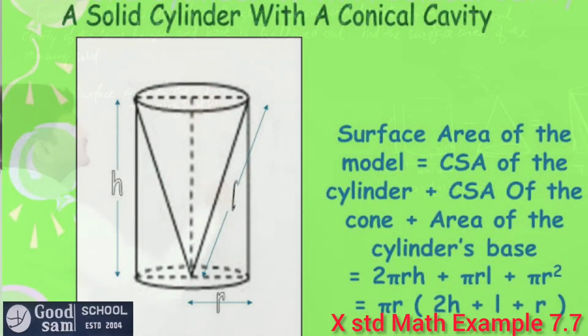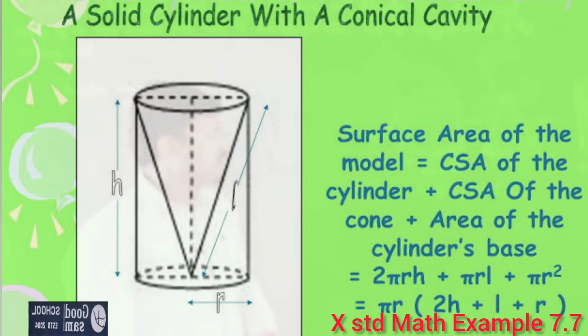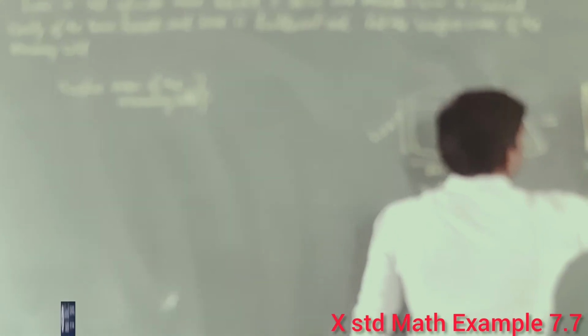When we look at the outer side, it will be a cylinder, but inside it will be a cone.